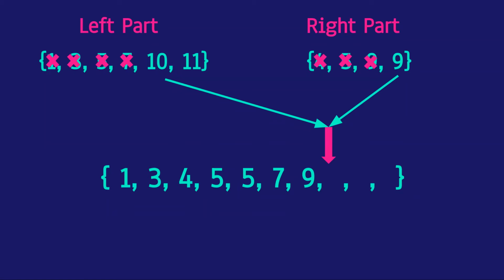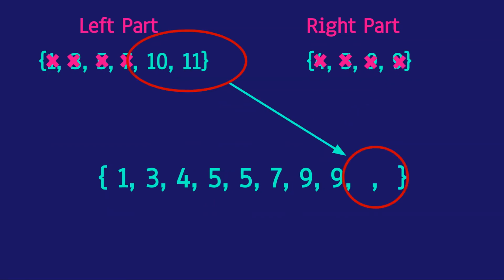Okay, so once either one of the groups finishes, what do we do? For example, in this slide, the right part finished. So now we don't compare elements with each other because there are no elements to be compared. So we simply copy the remaining elements and put them in the array directly.